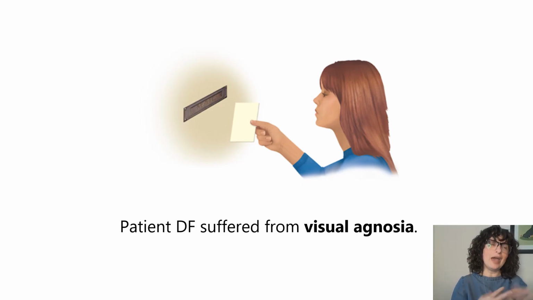After Ungerleider in Michigan, we encounter another pair of researchers named Milner and Goodale, who worked with a patient with visual agnosia, DF. DF suffered from accidental carbon monoxide poisoning when she was 34 years old. That was in 1988, and the result was bilateral lesions to her temporal lobe that left her with trouble recognizing objects.